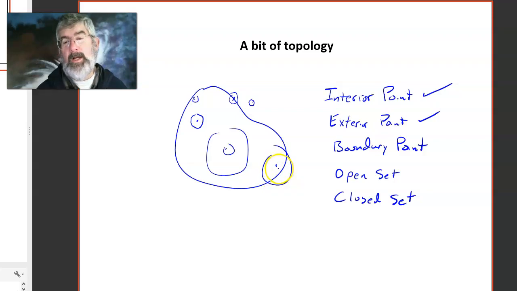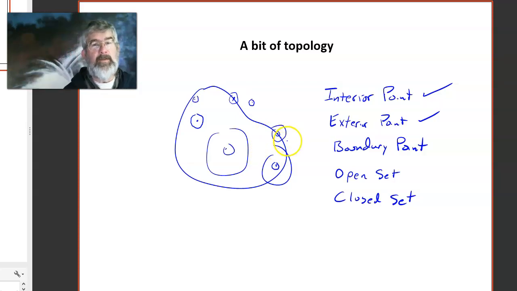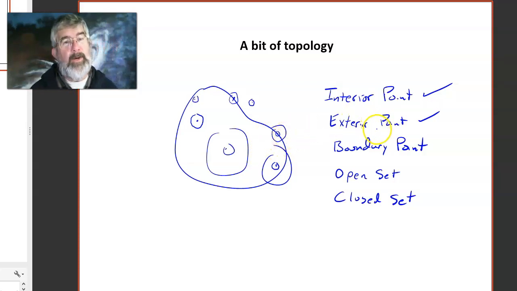No, because although you found one that has interior and exterior points, if I take it small enough, then I have only interior points in that disk, and that's an interior point. Boundary points, every disk you draw around it, whether it's a big one or a small one, it'll contain points inside and outside of your set. That's what I call a boundary point.